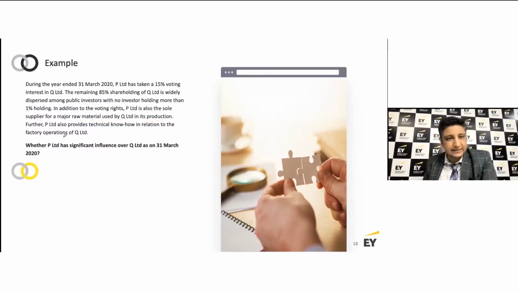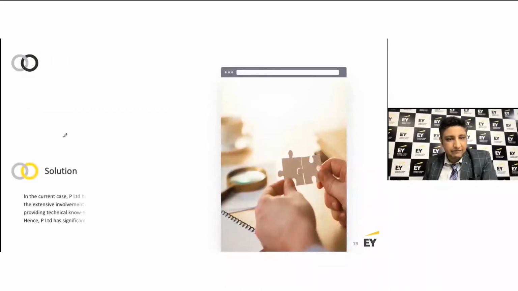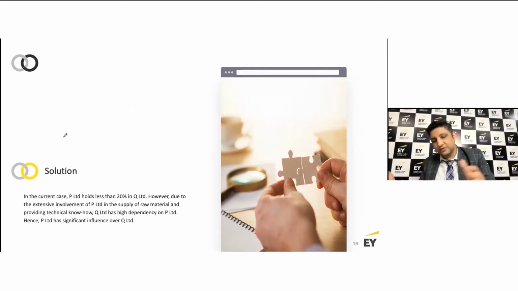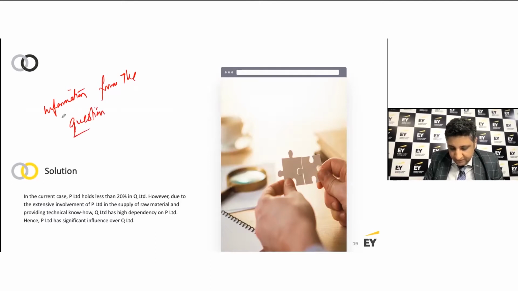So very likely the significant influence is available in this case, right? So you're using the information from the question itself, and you can clearly demonstrate that, look, I know the answer.